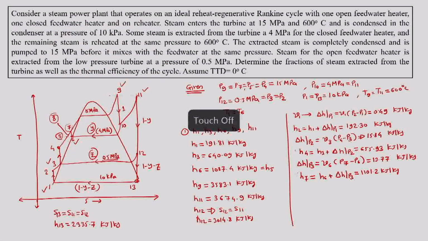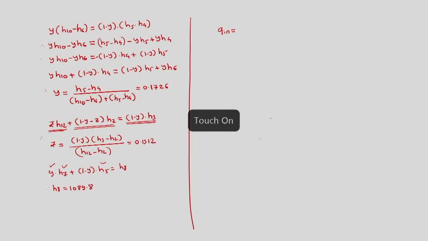Now, knowing all the enthalpies, we can find out Q in. There are two cases where we are having heat addition. Here from 8 to 9 we are having heat addition in the boiler, and from 10 to 11 we are having heat addition in the reheater, but from 10 to 11 we have only 1 minus y amount of mass, while in the boiler we have 1 amount of mass.